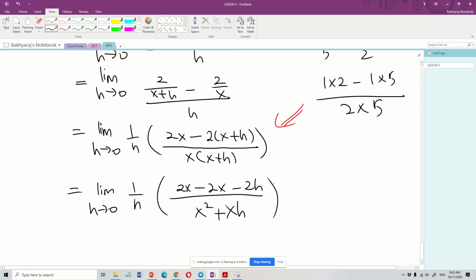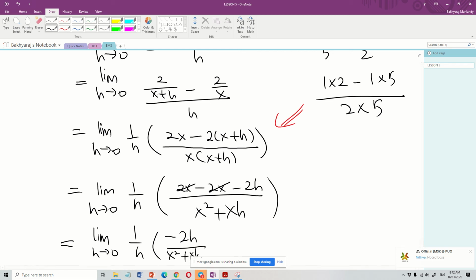Okay, ini tak kembang pun tak apa, tapi nak kembang boleh, tak ada masalah. So limit h approaches 0, 1 over h. So x ni kena potong. So sini ada negative 2h over x square plus hx.